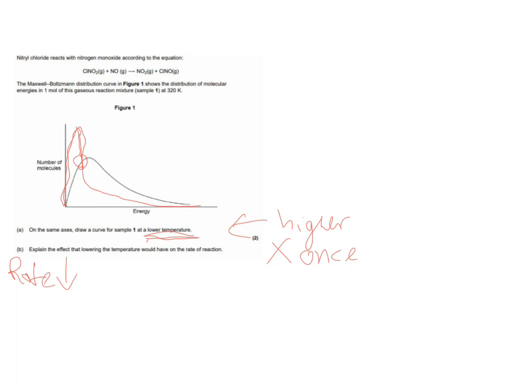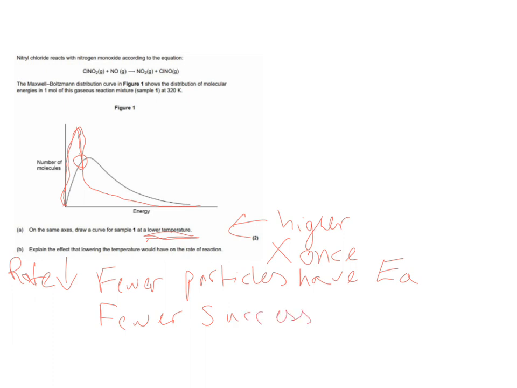And the reason for that is that fewer particles have energy greater than or equal to the activation energy, EA, so there are fewer, and it's this key phrase, successful collisions. If there are fewer successful collisions, then the rate of reaction decreases.